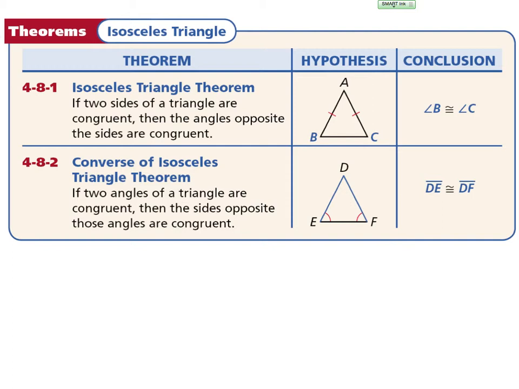A triangle with two sides congruent. The hypothesis of the second one is a triangle with two angles congruent. So to decide which you're using, pay attention to what you have for the hypothesis. What do I have in the problem to start with?